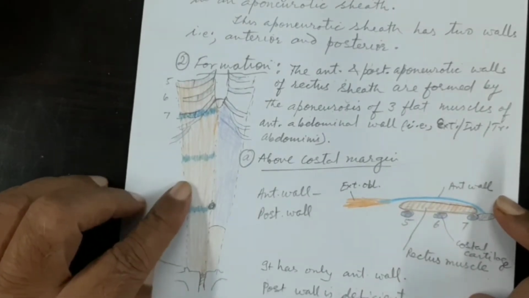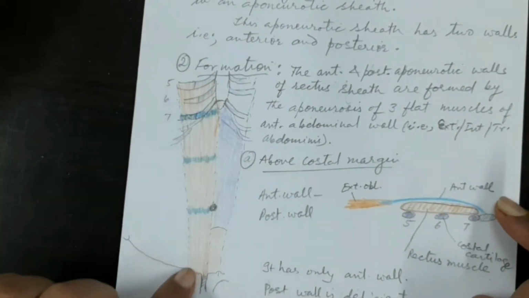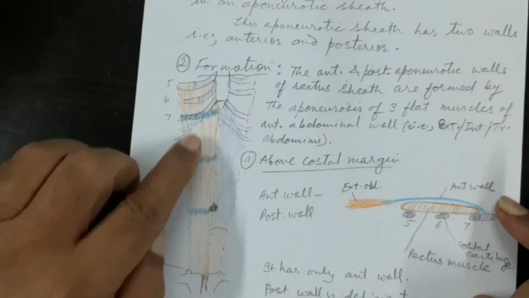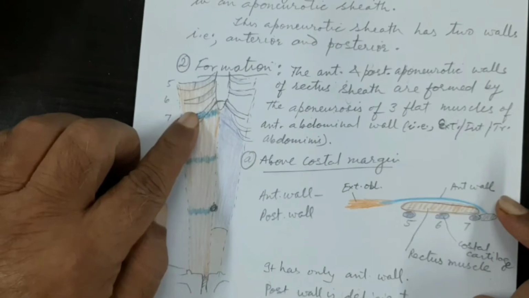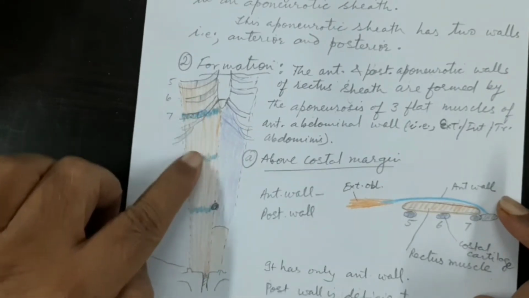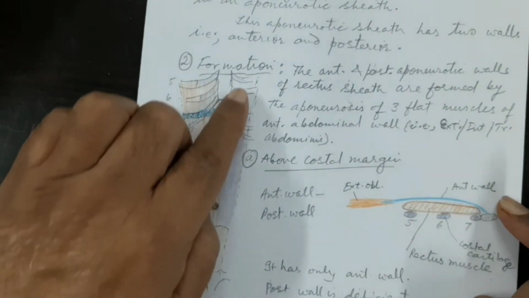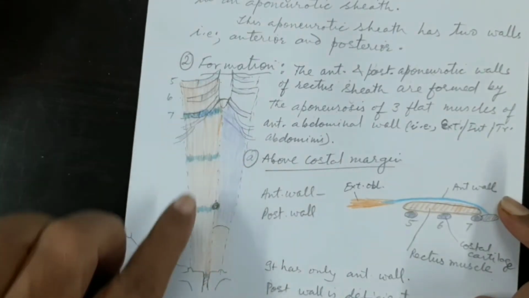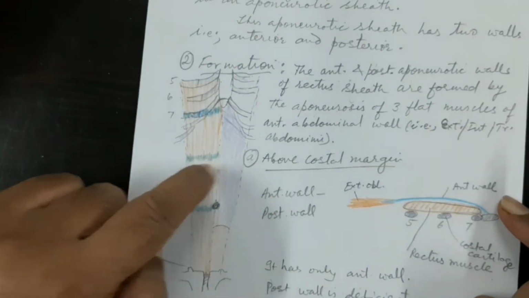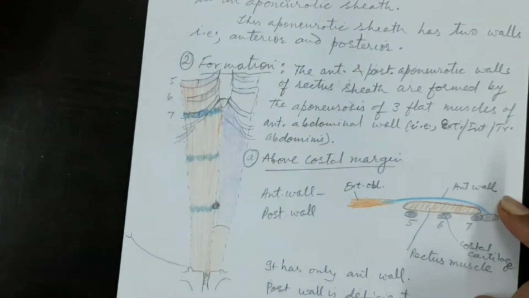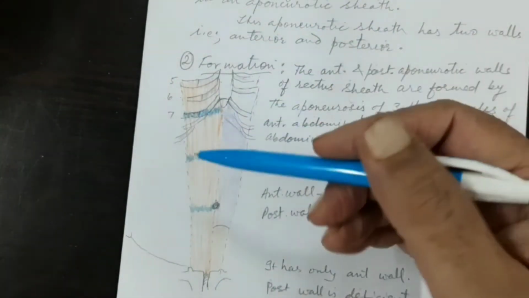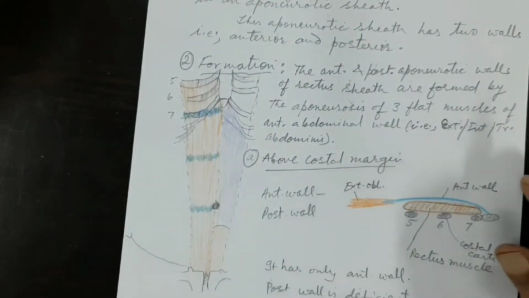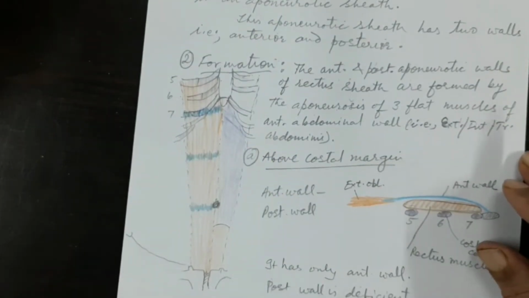We will see just now how the anterior wall and the posterior wall are formed. In this diagram I have shown the origin and insertion of the rectus abdominis, and these are the three tendinous intersections, which are nothing but tendons. On this side I have shown the structure seen after removal of the muscle, that is, we cut this muscle and reflect it upward and downward, and then we see the posterior wall of the rectus sheath.